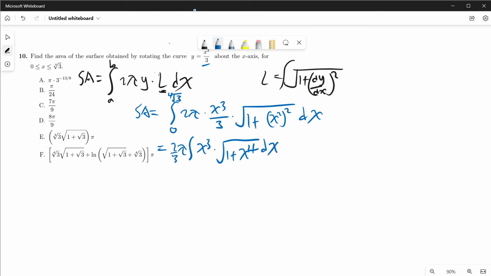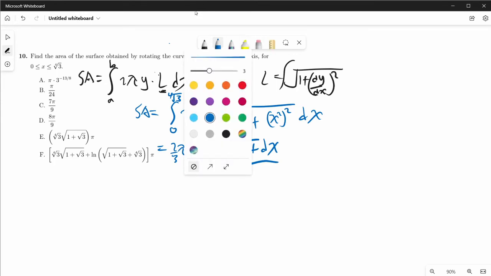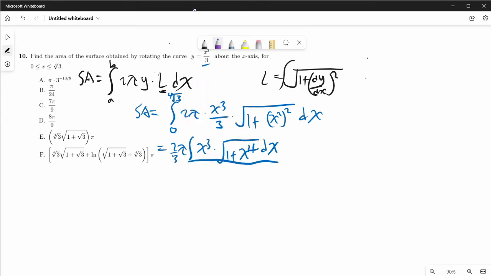So here we're going to integrate this, which can be somewhat intimidating to see with the x to the 4th, right? But the trick here is to use a u substitution. So let's write it in purple. If I say u equal to 1 plus x to the 4th, right, then du, I simply take the derivative of that, is 4x to the third dx, right?